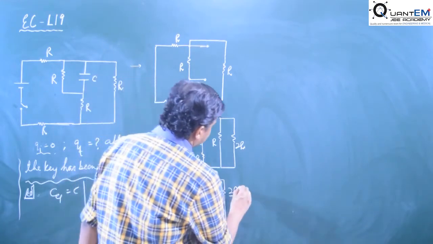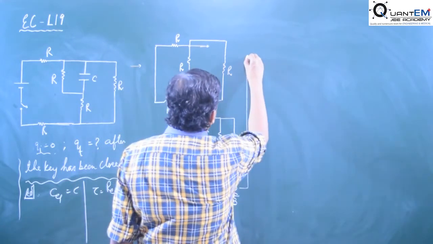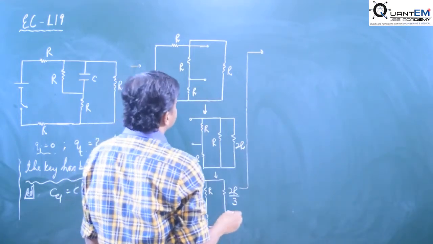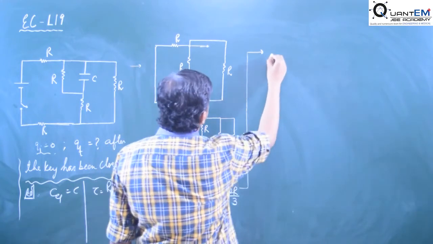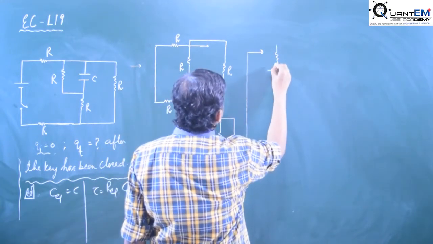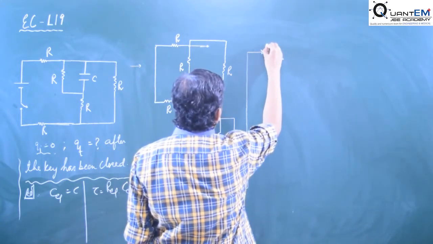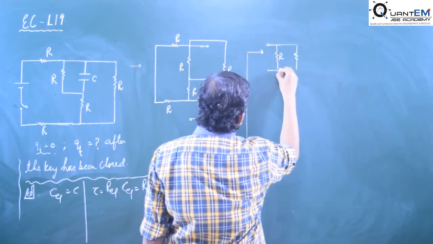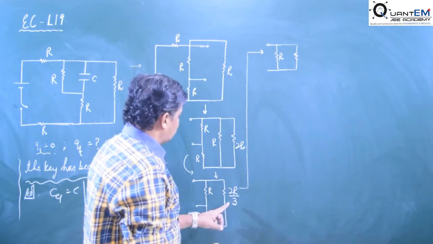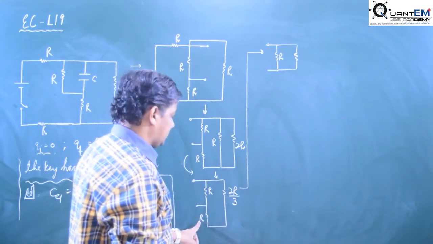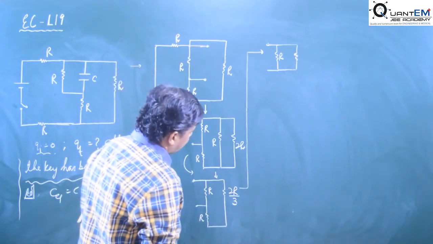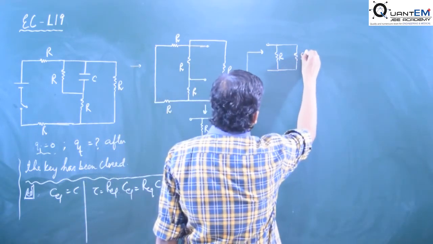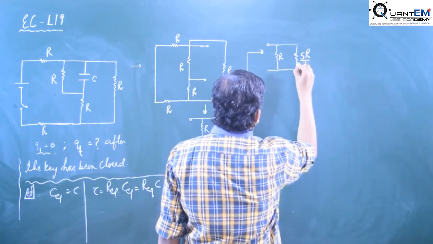This resistance we have R, these two are in series, so 2R by 3 plus R, that will be what? 5R by 3. So this resistance we have 5R by 3.